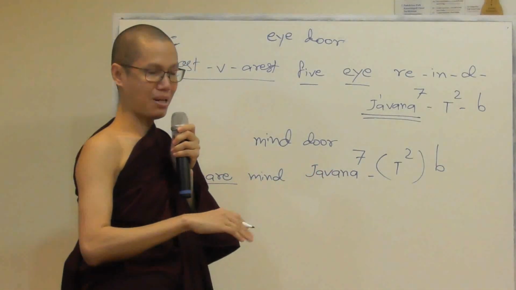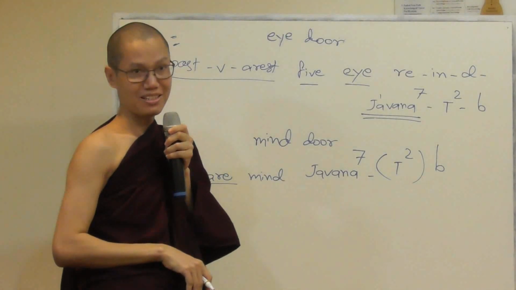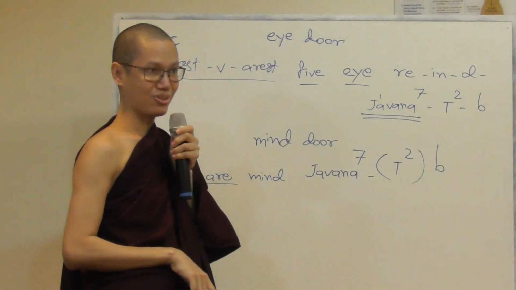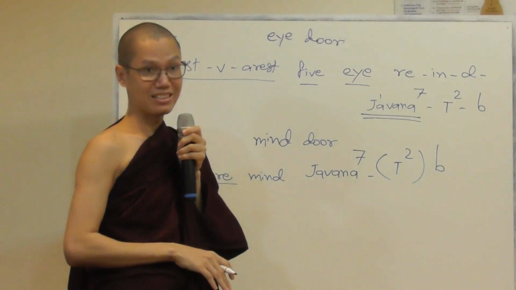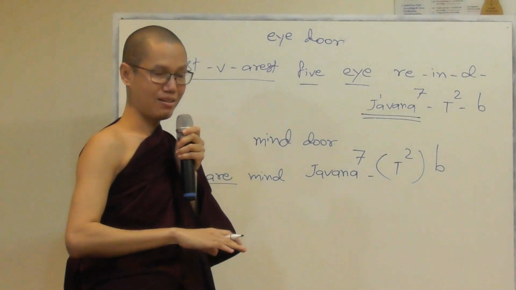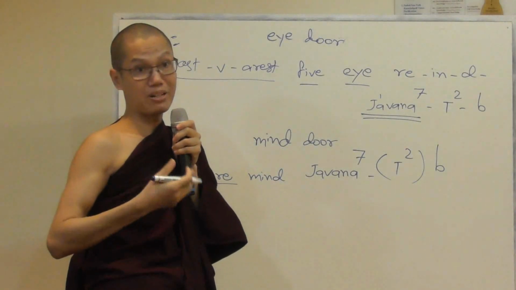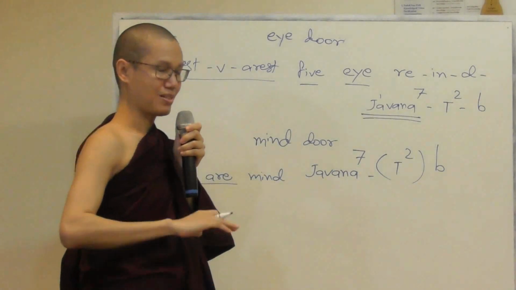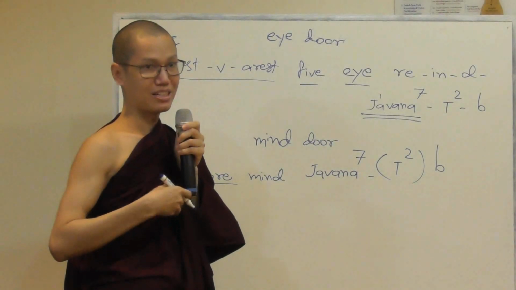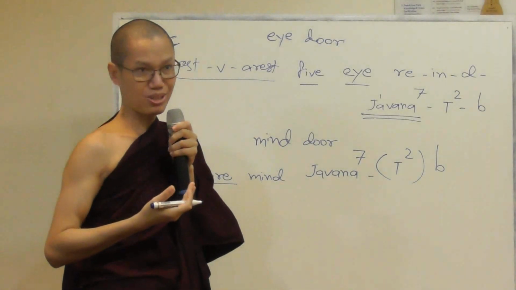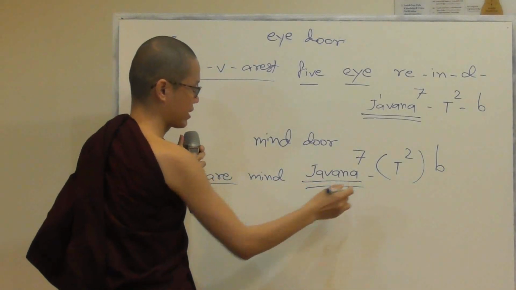For example, my mind may advert to the flower, and the flower is nice, okay. If my mind adverts towards the one I hate, an anger mind will arise. If I advert towards the one I respect, a good mind may arise. So javana can be good, can be bad.